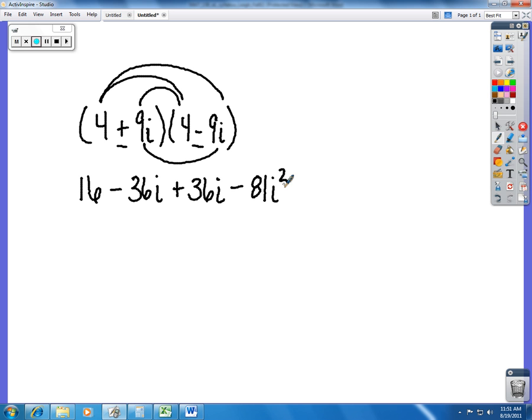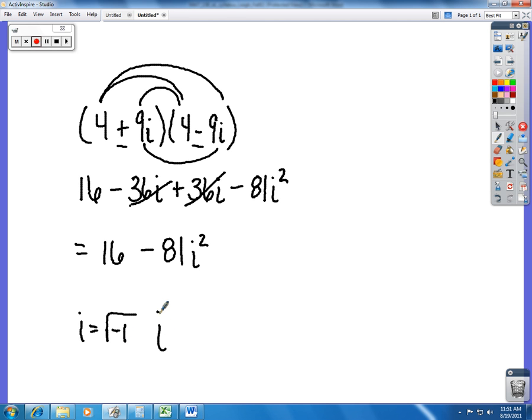Okay? So, if we look at this, now we can see that these terms in the middle drop out. So we're going to be left with 16 minus 81i squared. Now, if you remember, i is equal to the square root of -1.